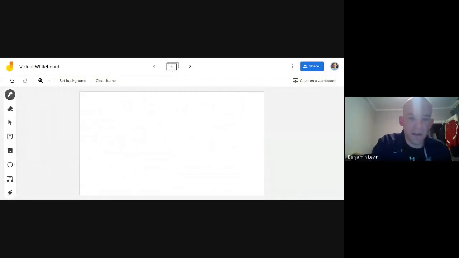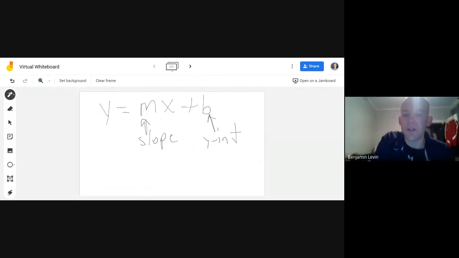If we are writing a linear equation, y equals mx plus b, right? We know that m is the slope because it's attached to the x. We know that b is the y-intercept, which is also known as the starting point, right? So our starting point is 2,000 because it says we've already pumped 2,000 gallons, right? And our slope would be our unit rate.